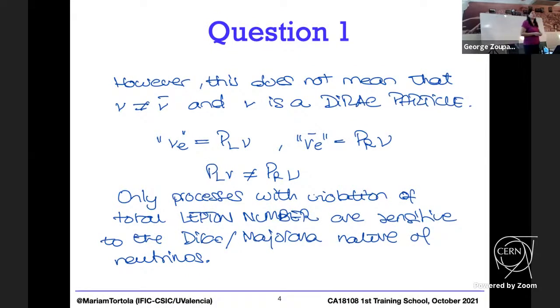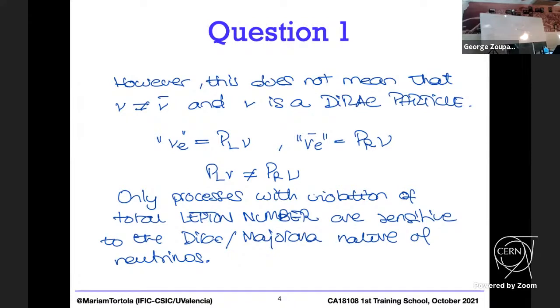But the thing is that the weak interaction cannot happen because you don't have the component of the chirality. I mean, it cannot happen because of chirality.